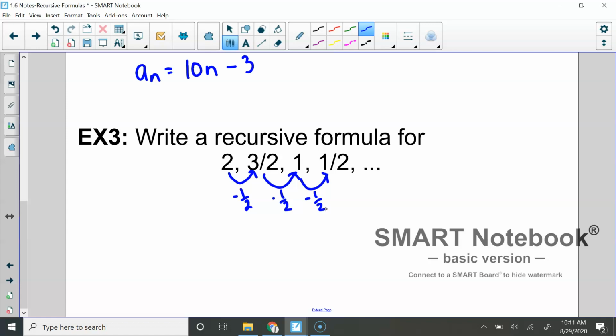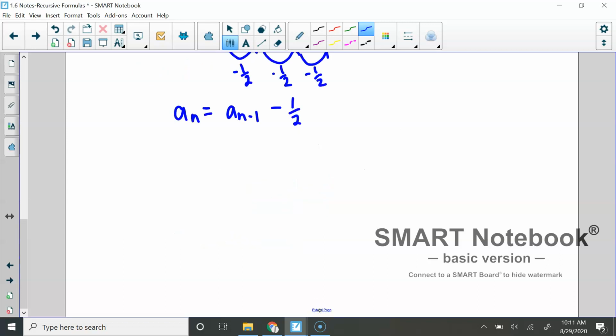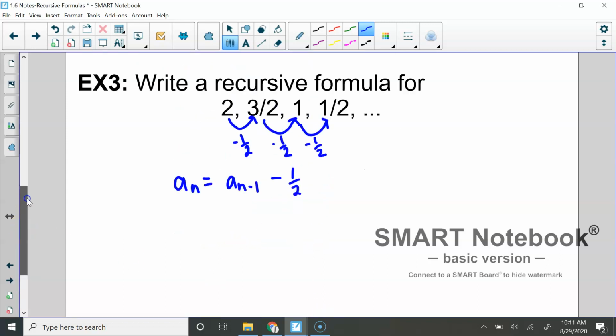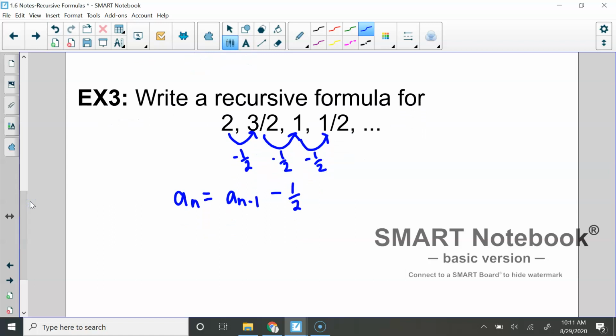So this is an arithmetic formula. So we would say that our recursive formula is a sub n equals a sub n minus 1 minus 1/2, or you could write it as plus -1/2 if you want, but it looks better like this. And in this particular case, typically with these types of problems, they'll usually say a sub 1 equals 2.